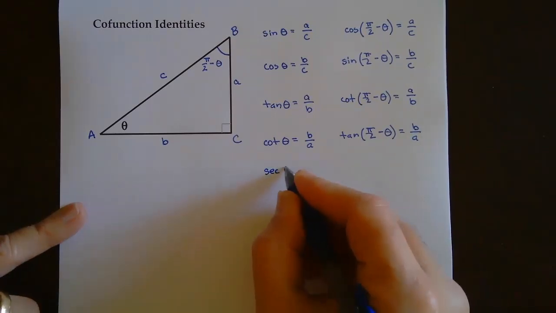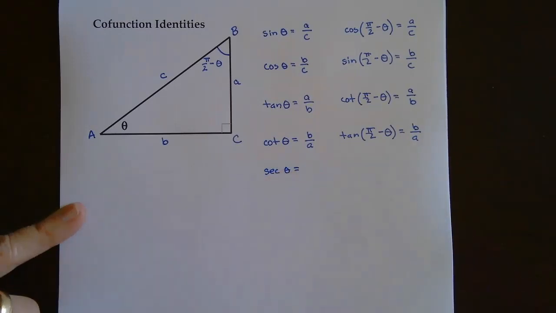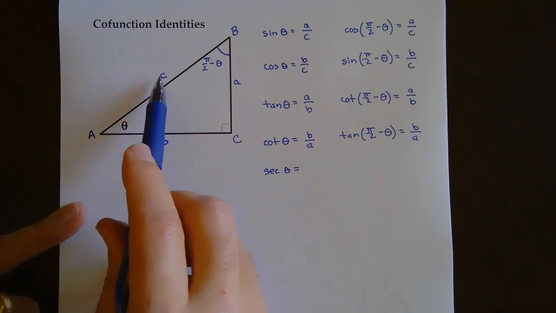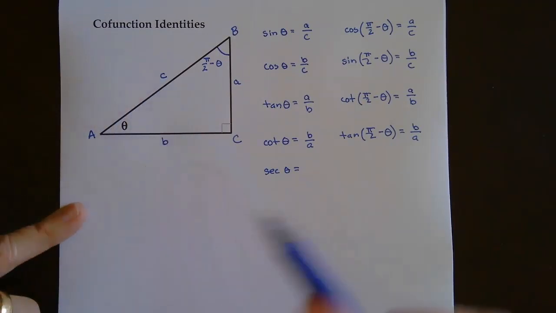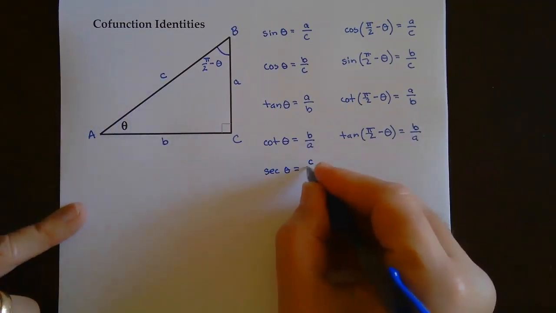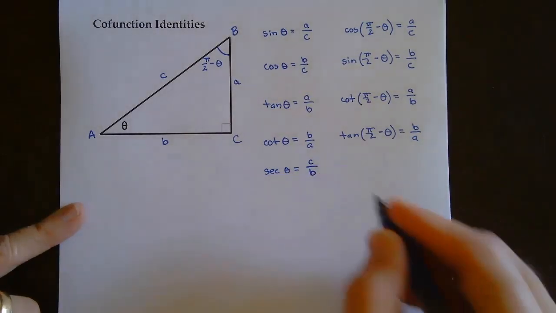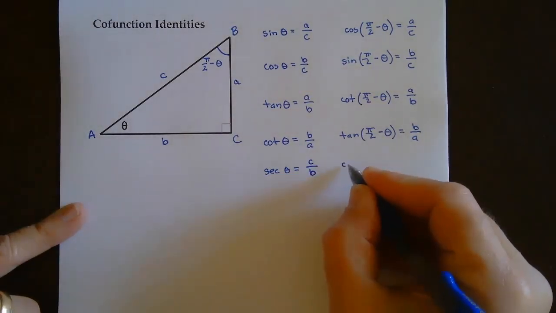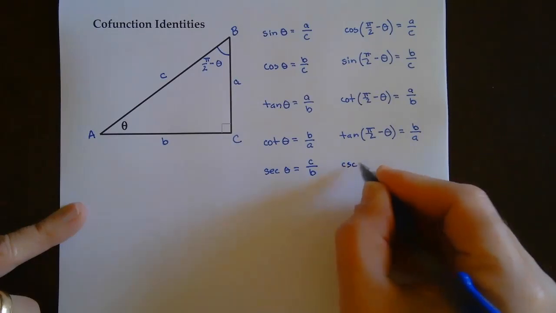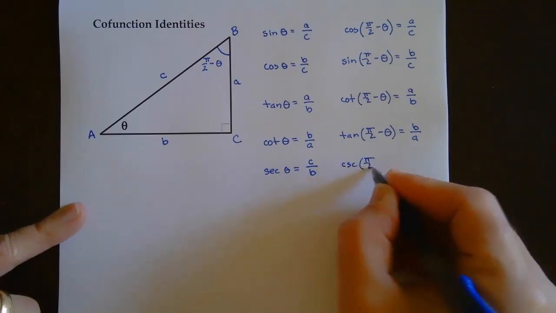Okay, so secant theta. So what's secant theta? Secant theta is defined as the hypotenuse over the adjacent leg. So that would be C over B. Okay, then we're going to do cosecant of pi over 2 minus theta.